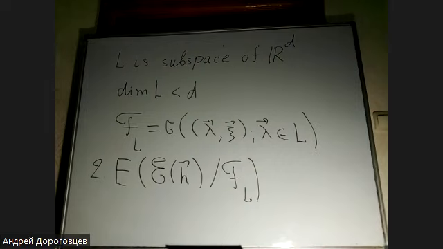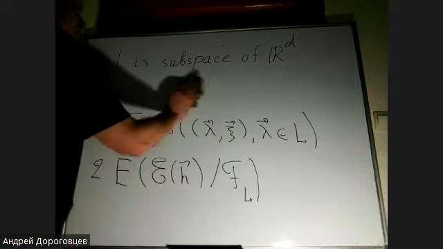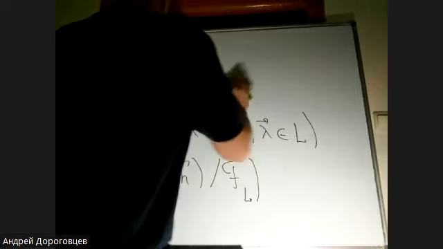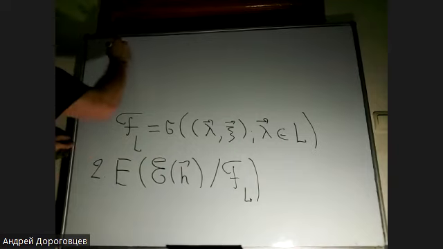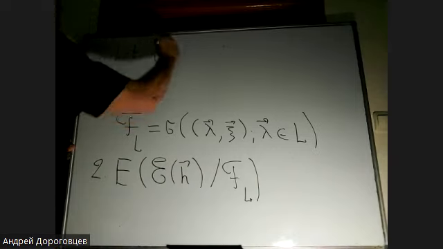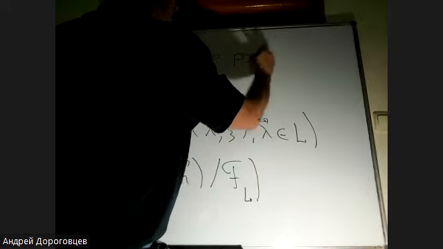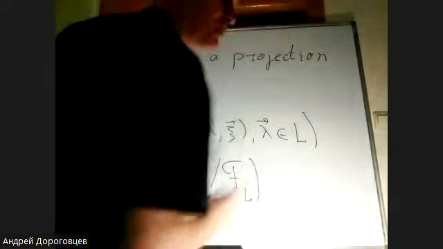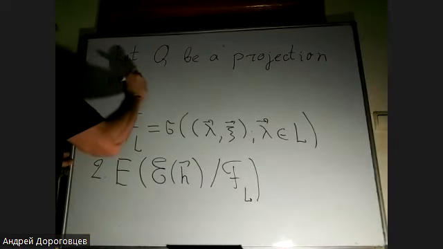In order to do this, I will introduce the operator of projection into the subspace L. So let Q be a projection. Of course, I mean the orthogonal projection onto L.